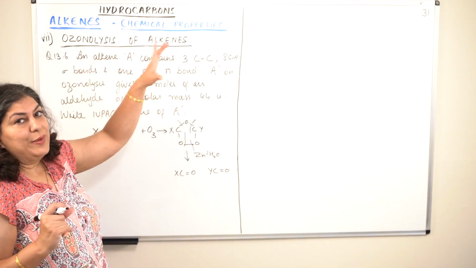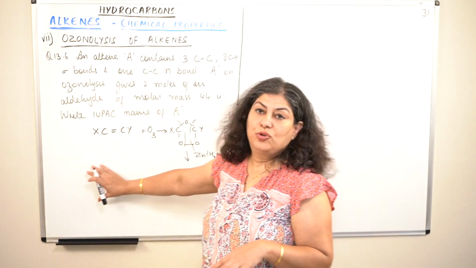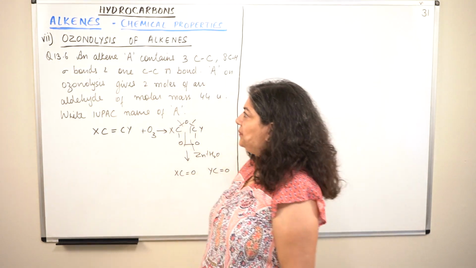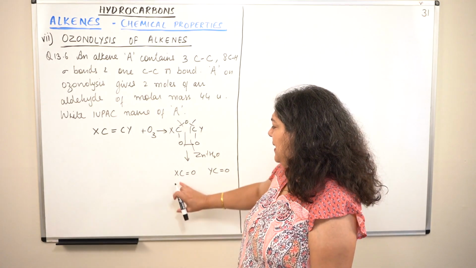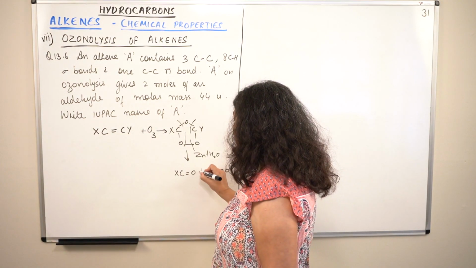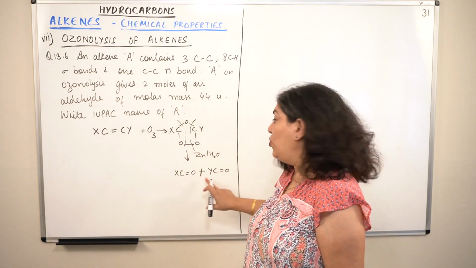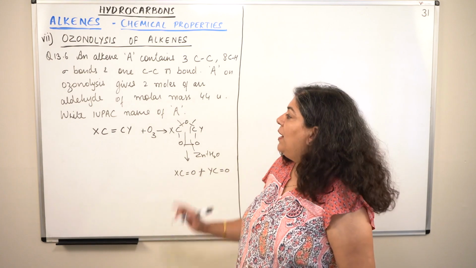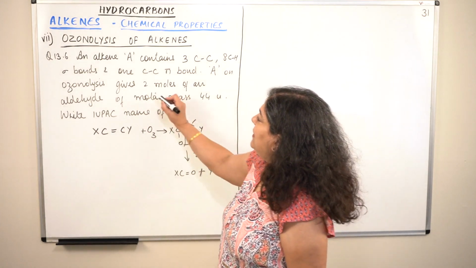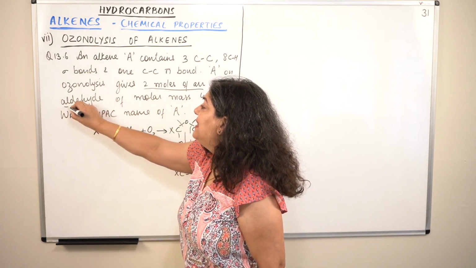Now let us come back to the question. We have just revised what the ozonolysis reaction would be like. It should give 2 products, X C double bond O and Y C double bond O. But what does the question say? That it gives 2 moles of an aldehyde.